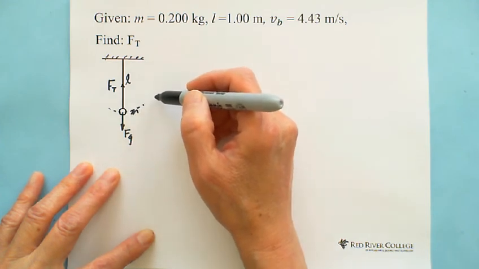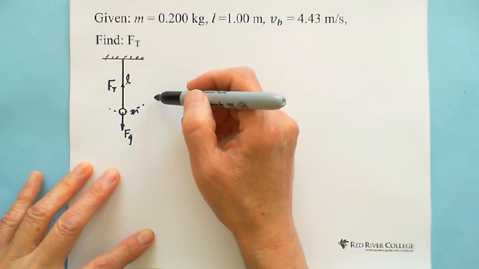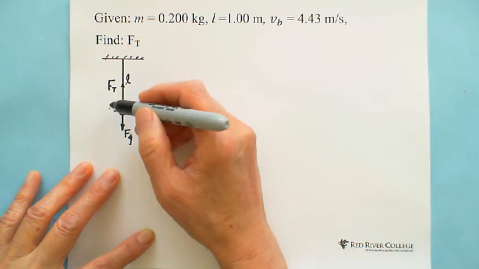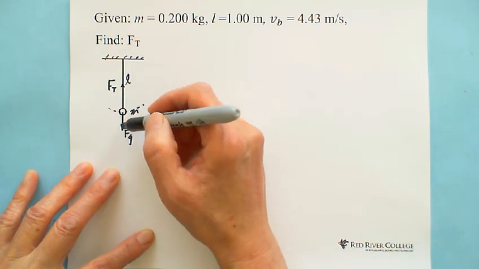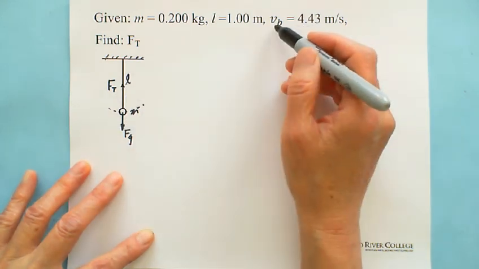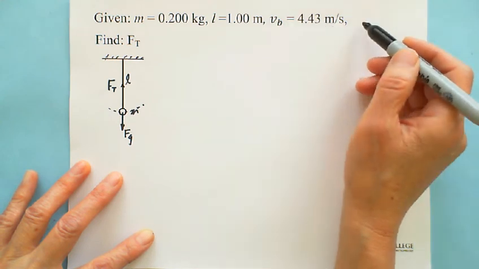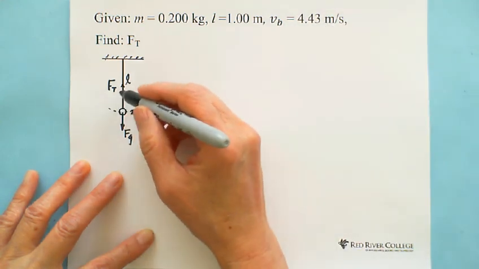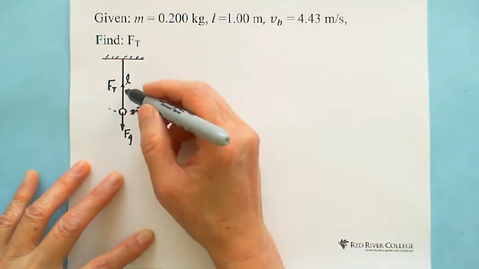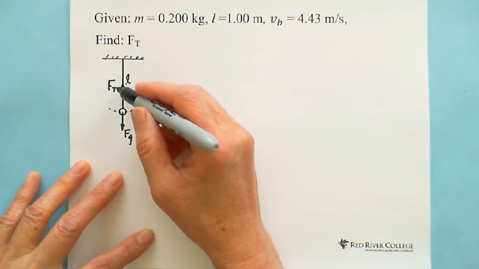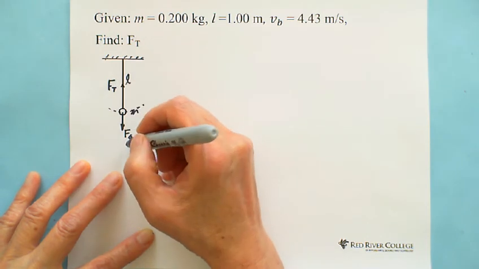But we can still use the centripetal force formula and the centripetal acceleration formula to calculate the tension, because at this instant the velocity is 4.43. So what is the centripetal force? The centripetal force is the net force of tension force and gravity.